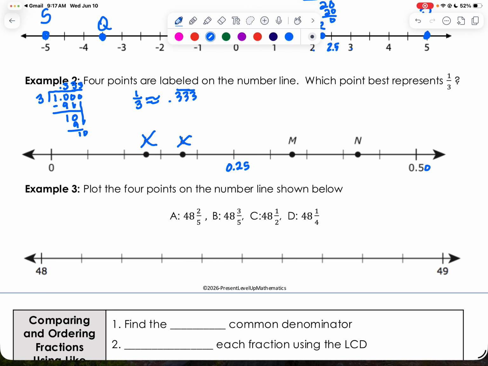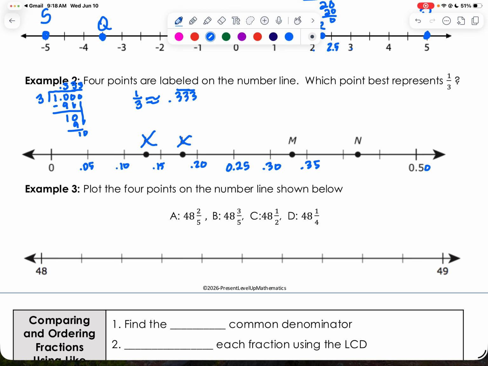So I'm going to have to figure out, what are all these marks going by? So from 0 to 25, I have 1, 2, 3, 4, 5 tick marks. So they must be going by 5s. So 0.05, 0.10, 0.15, 0.20, 0.25, 0.30, 0.35.